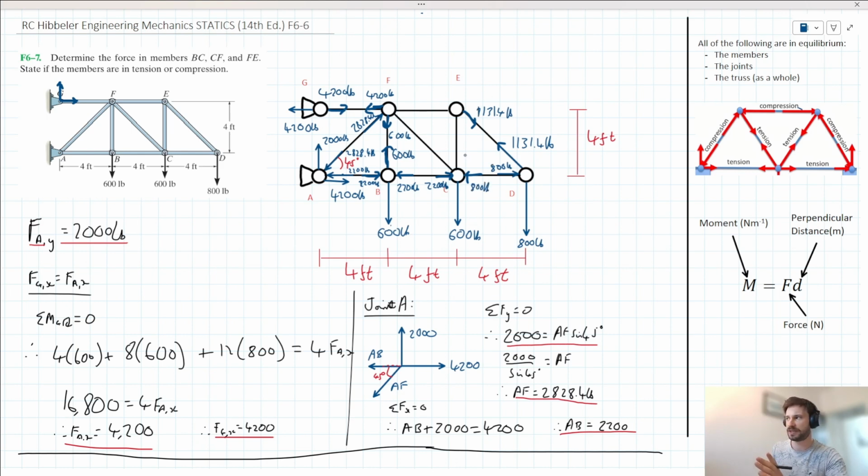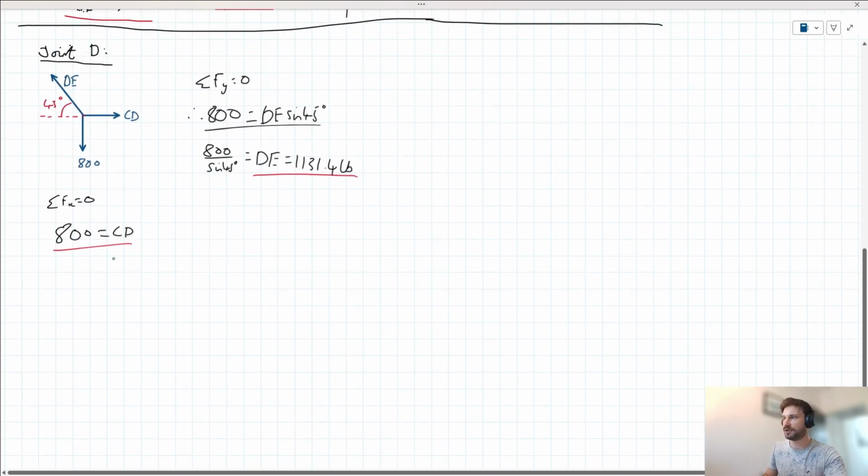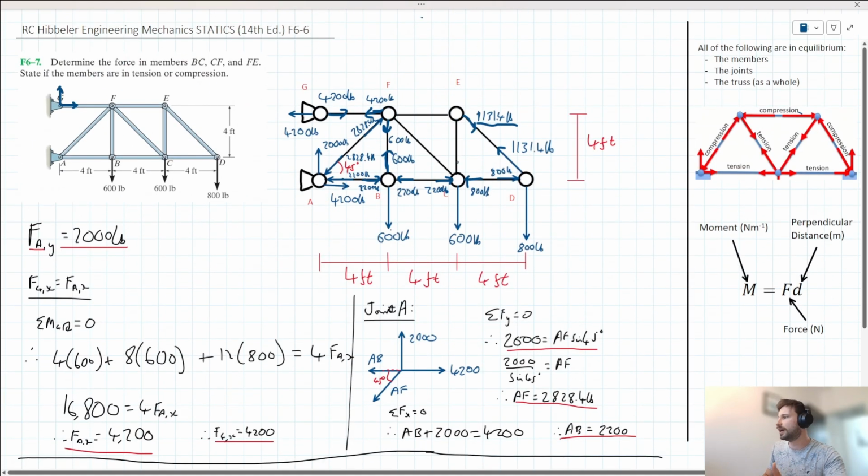To try and make things a little bit quicker or easier for ourselves, we note the fact that this 1,131.4 pound force is acting at a 45-degree angle, and we identified earlier that both its horizontal and its vertical components are equal to 800, right?